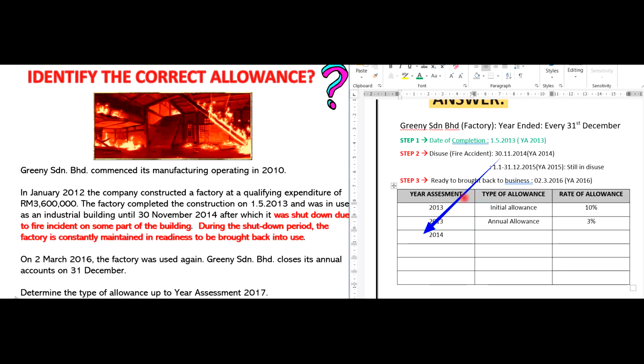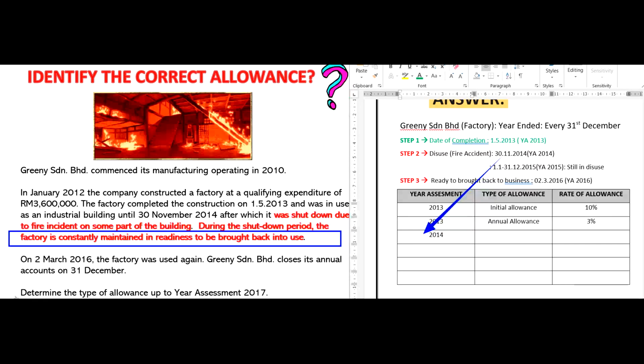However, the question said the company still maintains it in readiness to be brought back into use. So since Greenish still maintains the factory in readiness, it can claim the annual allowance, not notional allowance, annual allowance, 3%.